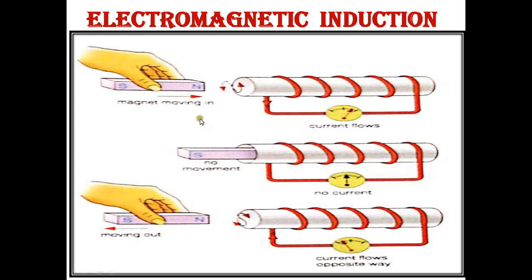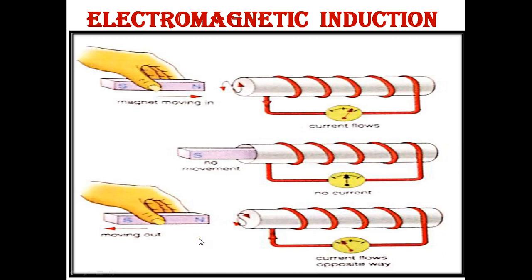If you are moving in, there is repulsion, because the magnet end is the north pole and the coil end also becomes north, whereas when the current is flowing the other way it makes the south. You can see the current flows in the way the needle shows, in the opposite direction in one case and in the same direction in the other. This is the way we can say there is a flow of current.